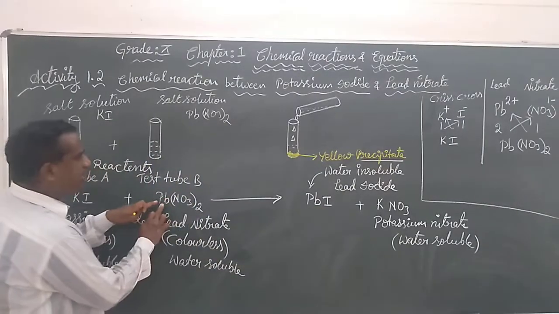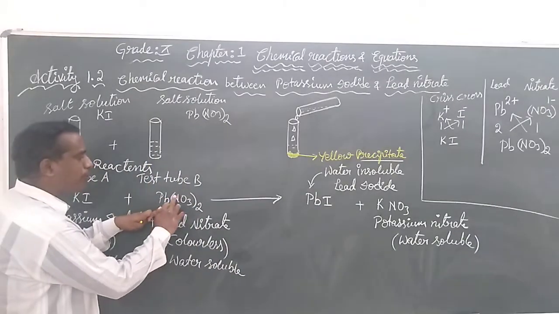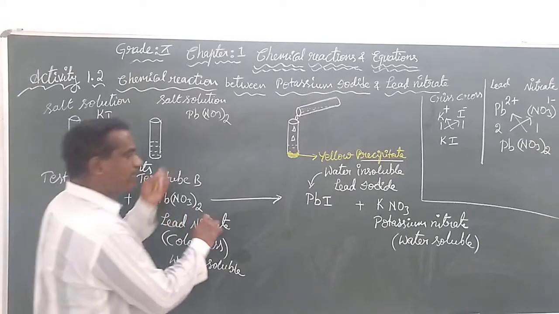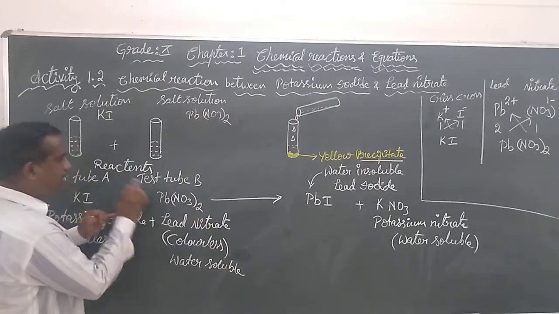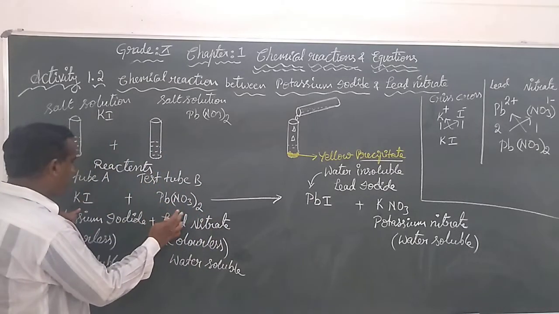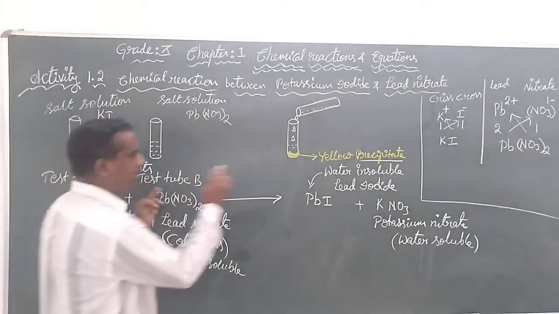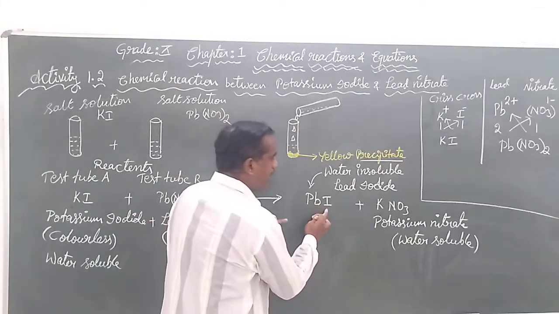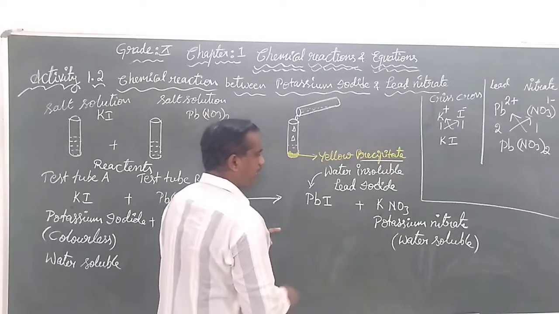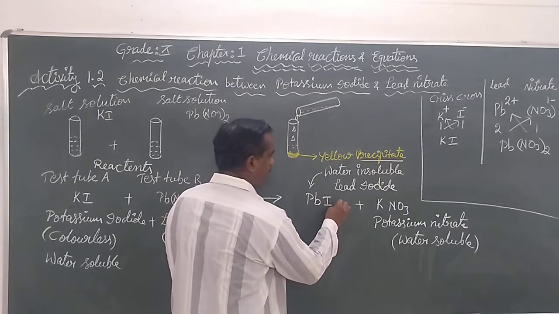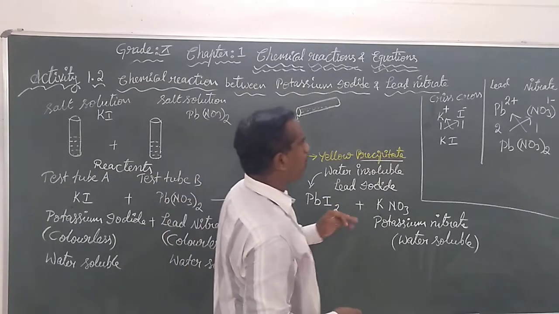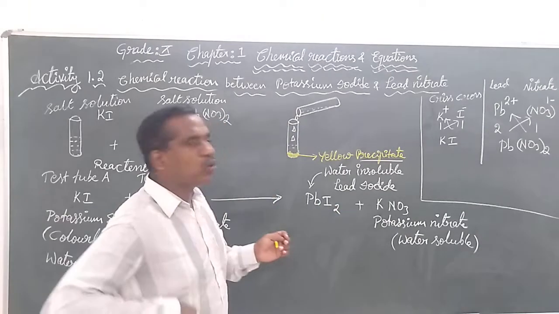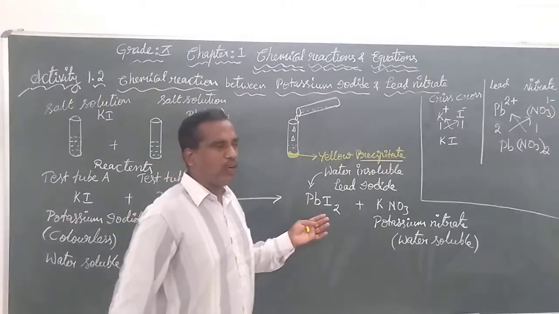Whereas previously on the reactant side, lead was combined with nitrate, on the product side, lead accepted iodide and potassium accepted nitrate. So lead is forming lead iodide, PbI2. Now let us see how to balance the formula of lead iodide.